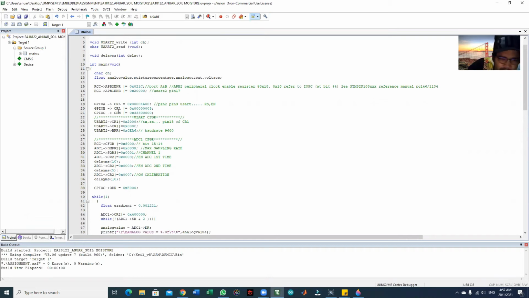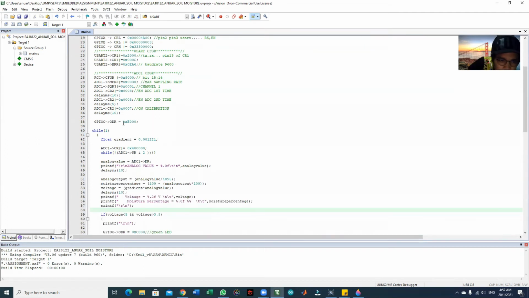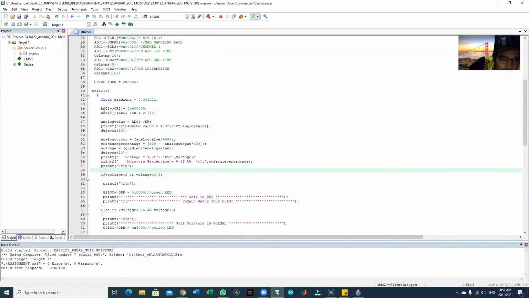This is the declaration just according to the book from Dr. Irol. The default mode, which is the initial mode, will have the LEDs turned off, and in the while loop, the analog value will be recorded by the sensor and the data will be sent to the STM32.